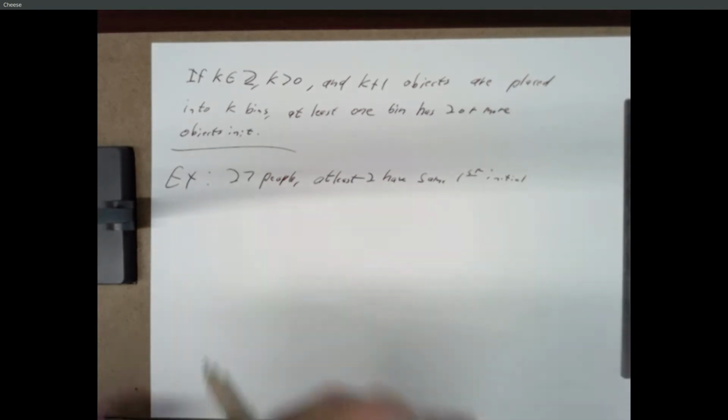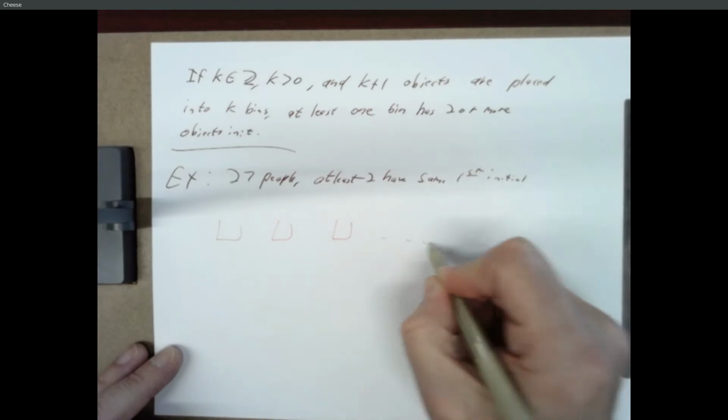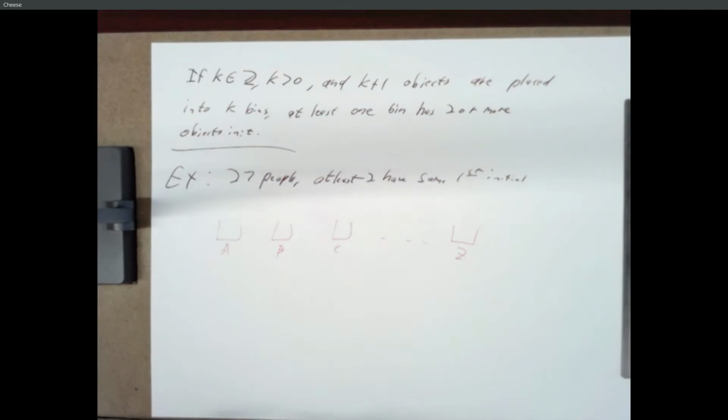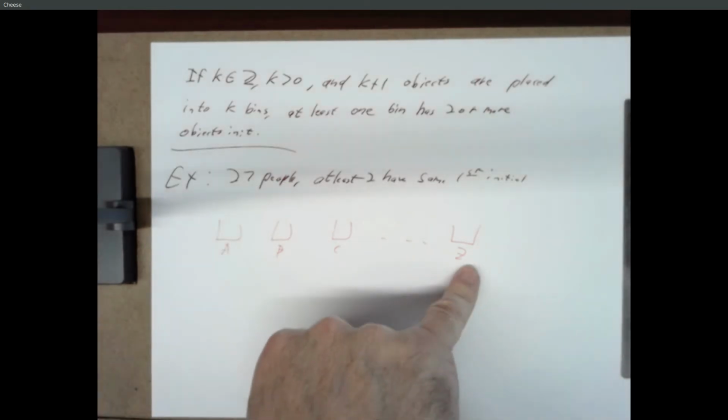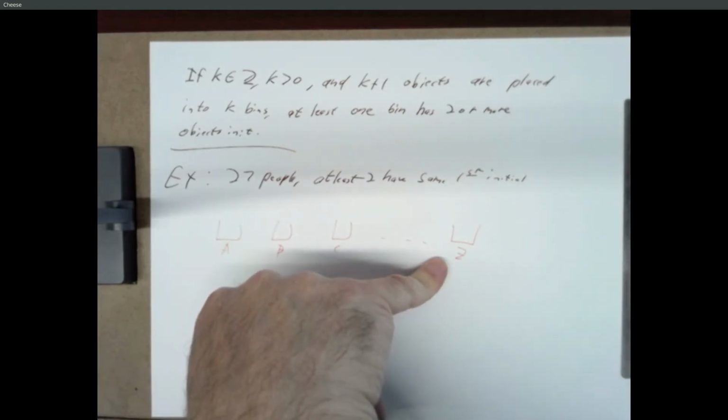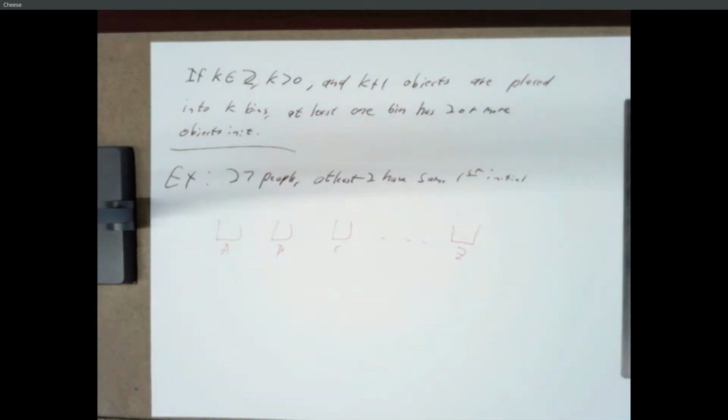Make yourself 26 bins, label them A through Z, and take each of your 27 people and put them in one of these bins based on their first initial. And if any bin ends up with 2 or more people in it, it means those 2 or more people share the same first initial. The Pigeonhole Principle tells us we have 27 people, 26 bins, and we're putting those objects into those bins. At least one bin is going to have 2 or more objects, which means at least 2 people are going to have the same first initial.